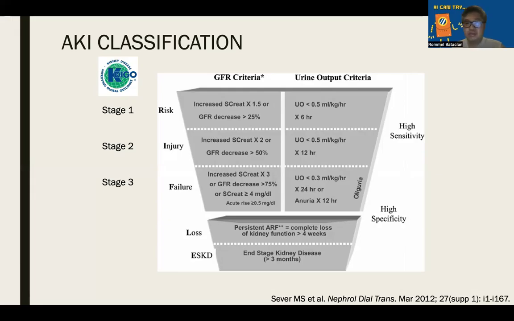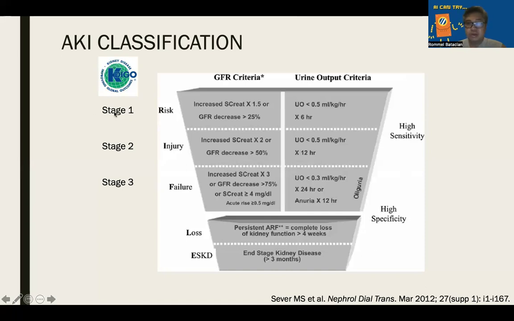The patient suddenly developed infection. You determine the serum creatinine, and the result is 1.5 milligrams per deciliter. If you take the ratio, there is an increase of 1.5 times, from 1 to 1.5. Therefore, the patient is described as having stage 1.